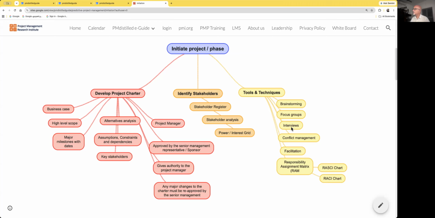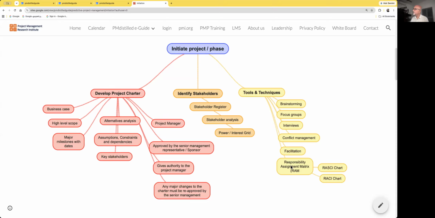We may have to conduct interviews with key stakeholders, and conflict management are techniques or skills the project manager should possess, and facilitation skills, because we need to collaborate with the key stakeholders while preparing the project charter.